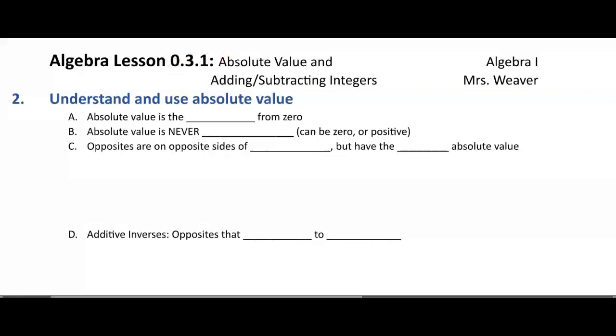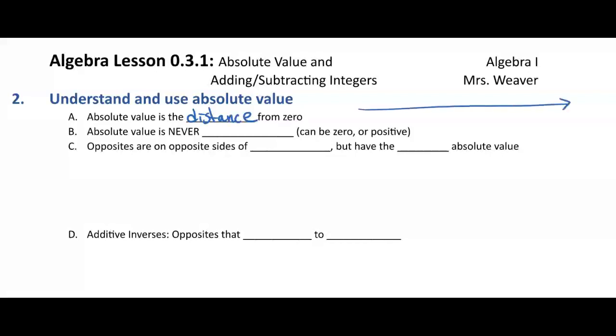Absolute value is the distance from 0. That's all. So if I have a number line, and this is 0, if I'm at 1, 2, 3, my distance from 0 is 3.